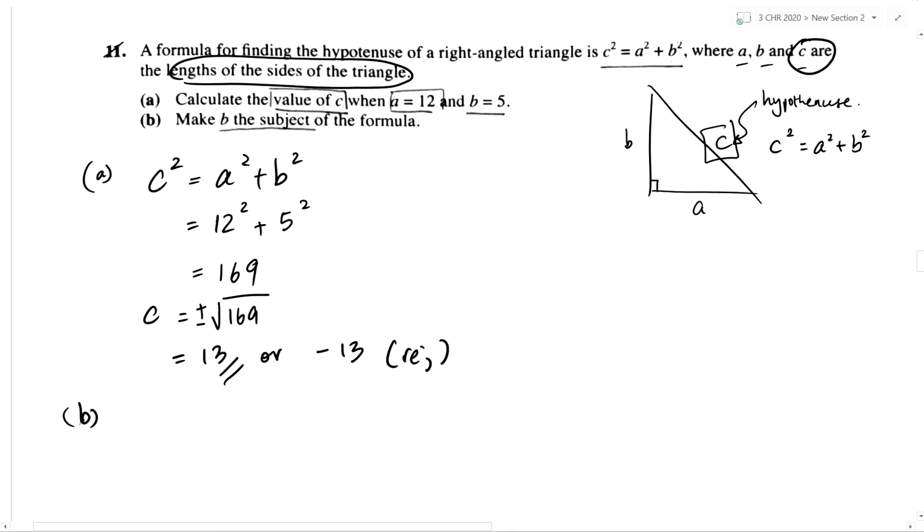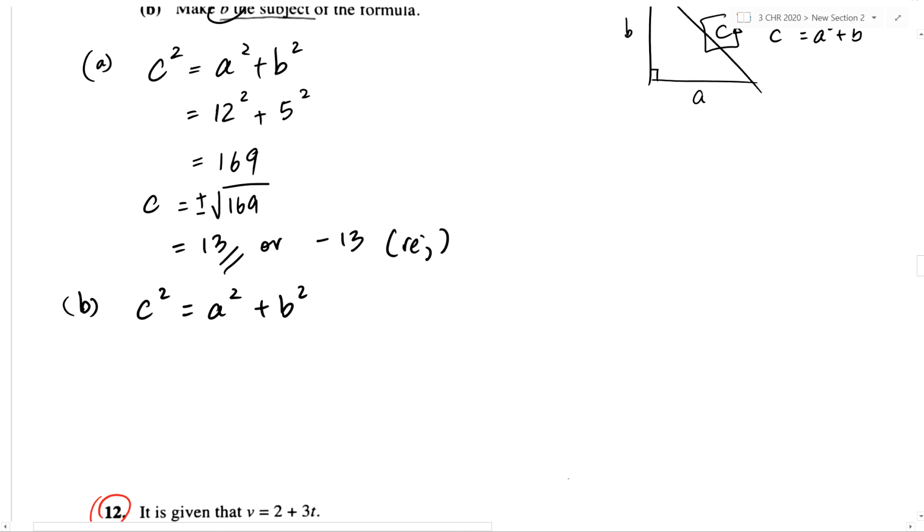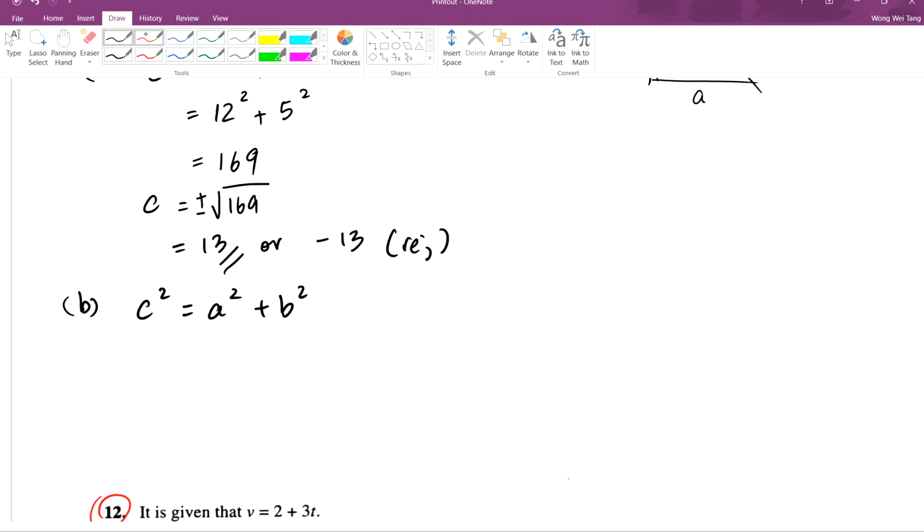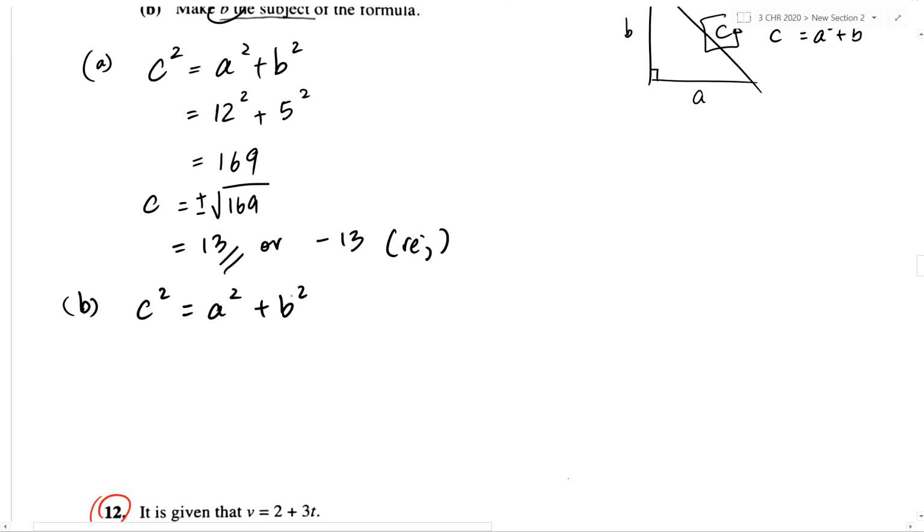For part B, make b the subject. We start off with the original equation. A square plus b square, we get c square. I only want b. So let's try and get rid of everything that is surrounding b. And I see that at the moment, my b over here is trapped inside a square.